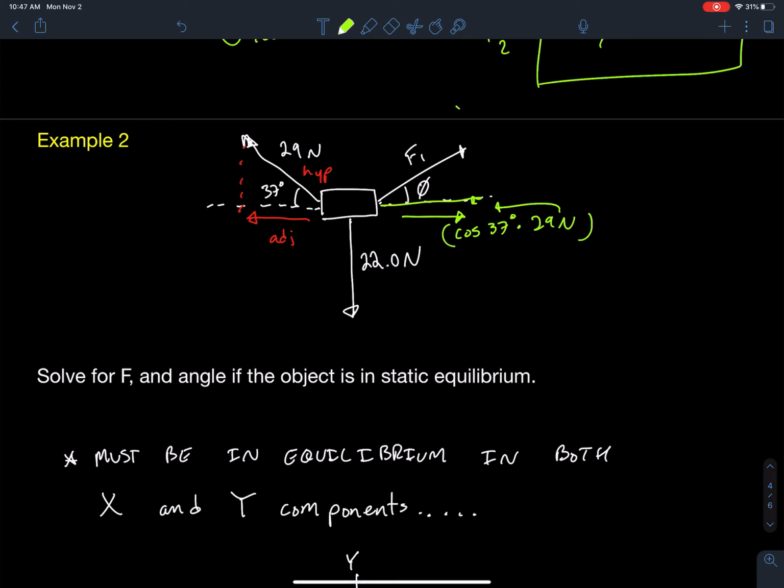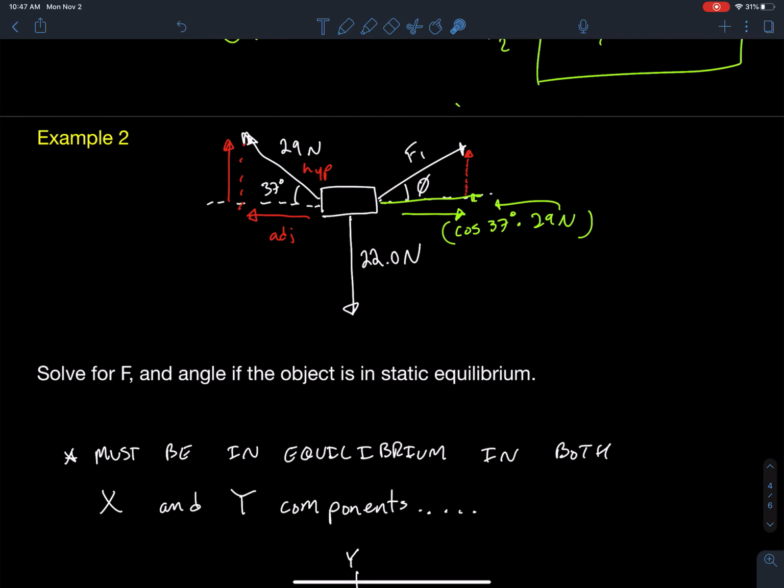So that's great. If I have a number here, I just need, like in the last problem, to solve the vertical component on both sides. So how does this work out? For the vertical component, it's a little bit more complicated. The vertical component here plus the vertical component there is going to be equal to 22 newtons.